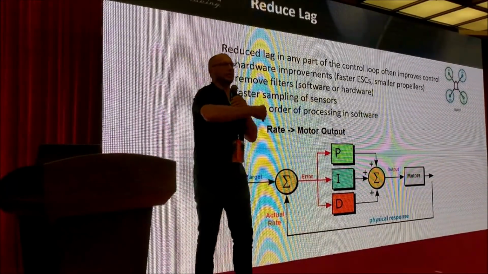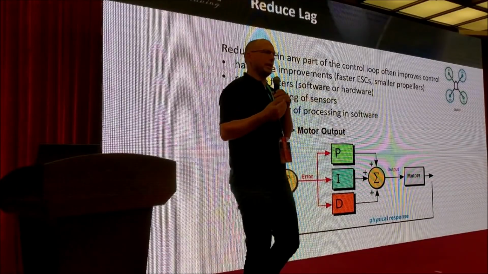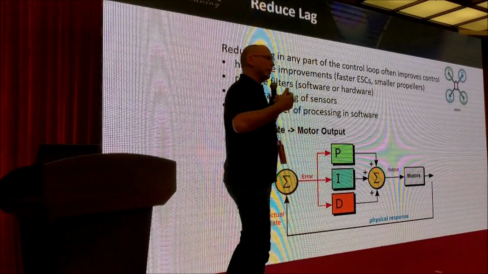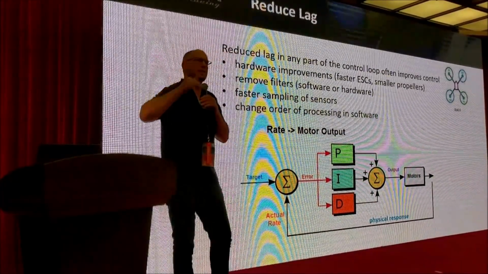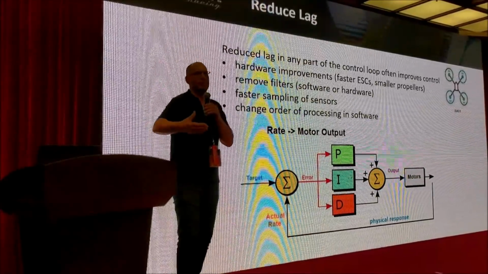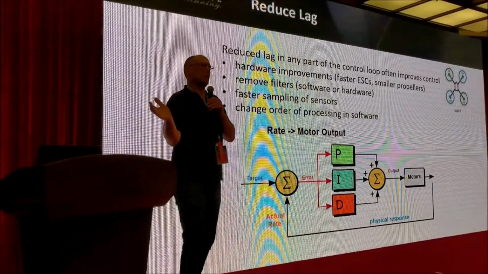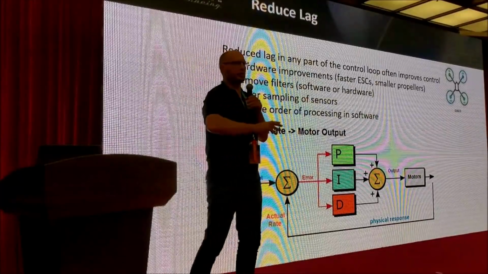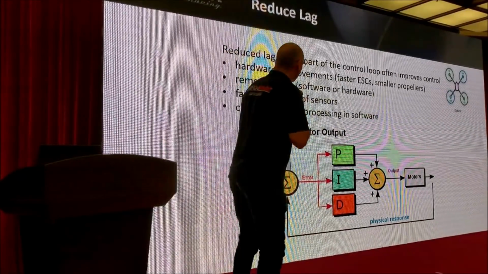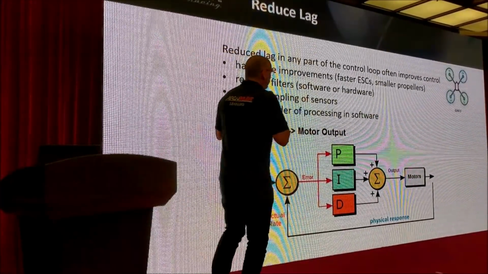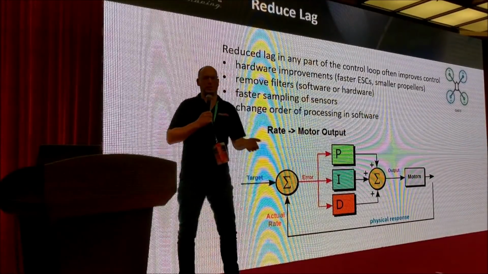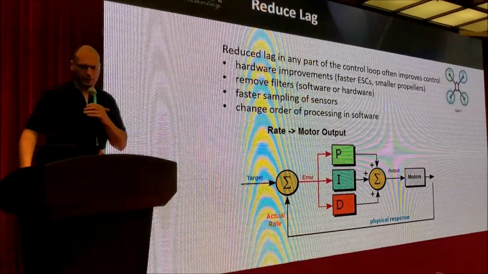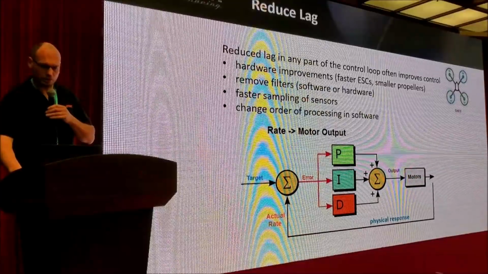If there is a large delay in my reaction time, then my PID terms need to be much smaller and much slower, and I get much sloppier control performance. So the speed is very important when we're talking about PID controllers.